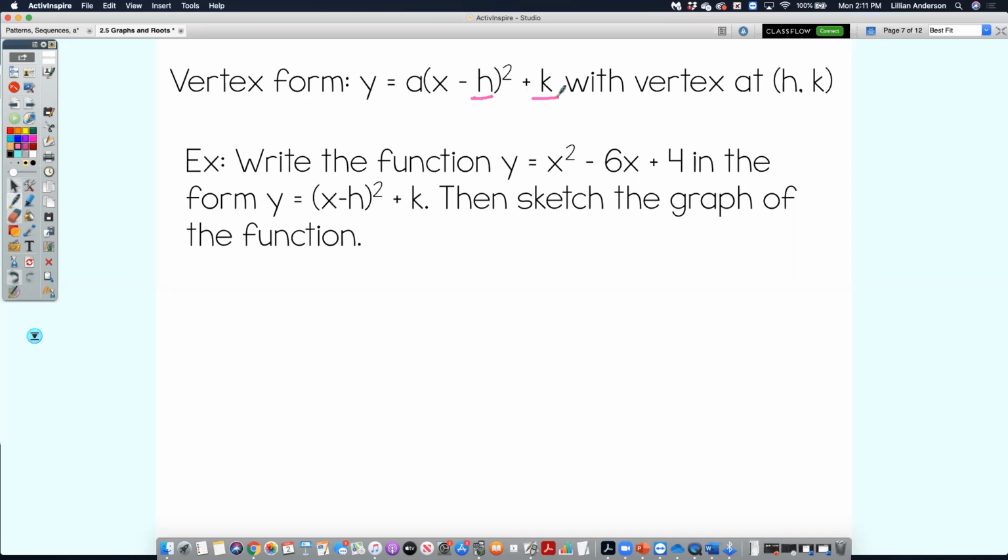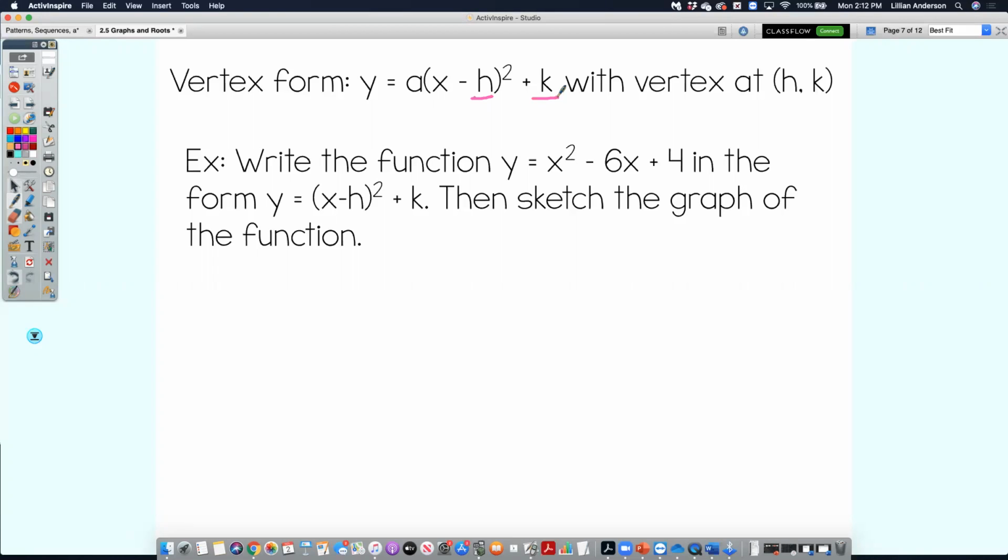This is also the makeup for a quadratic when we were doing transformations. Remember, anything on the inside moves the graph left or right, anything on the outside moves it up or down. So that h, k represents exactly what happened. Because normally the vertex of a parabola is at (0, 0). But when it's been moved h units one way and k units another way, now that's the new vertex.